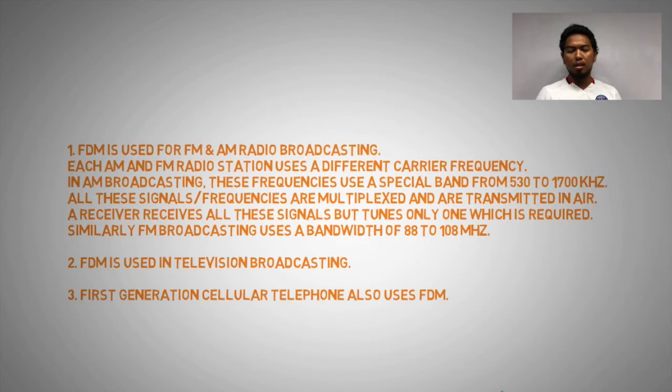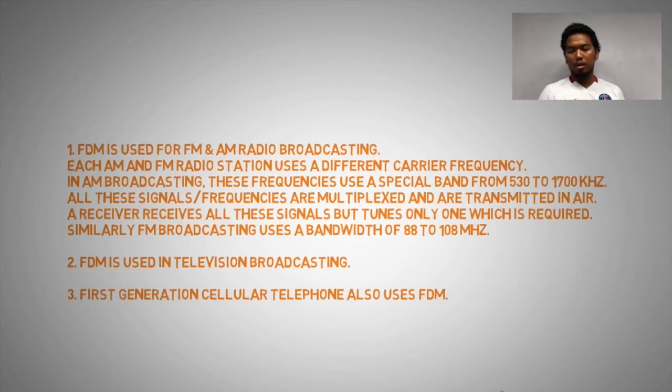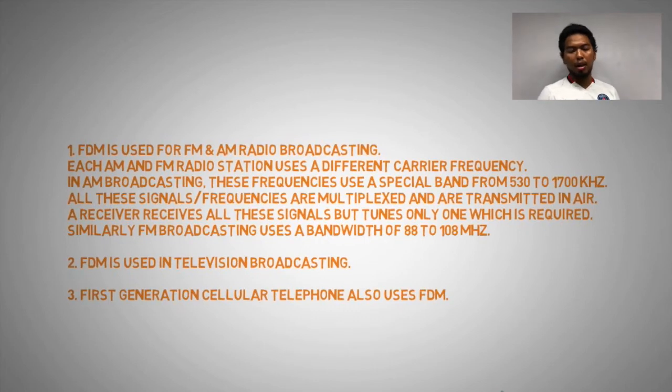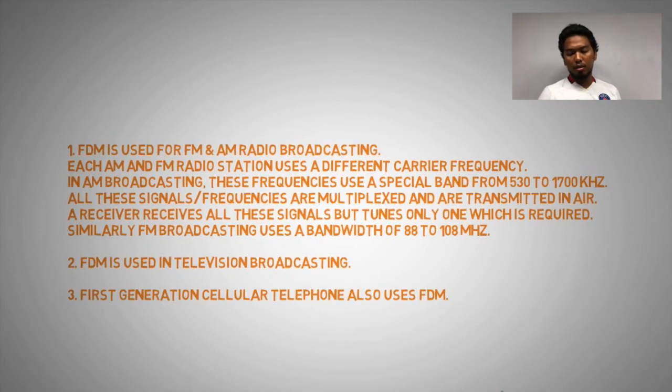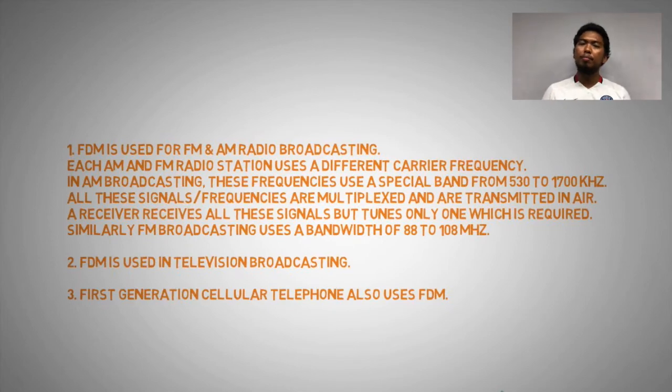All these signals or frequencies are multiplexed and transmitted in air. A receiver receives all these signals but tunes only the one which is required. Similarly, FM broadcasting uses a bandwidth of 88 to 108 MHz. Number two, FDM is used in television broadcasting. And number three, first generation cellular telephones also use FDM.